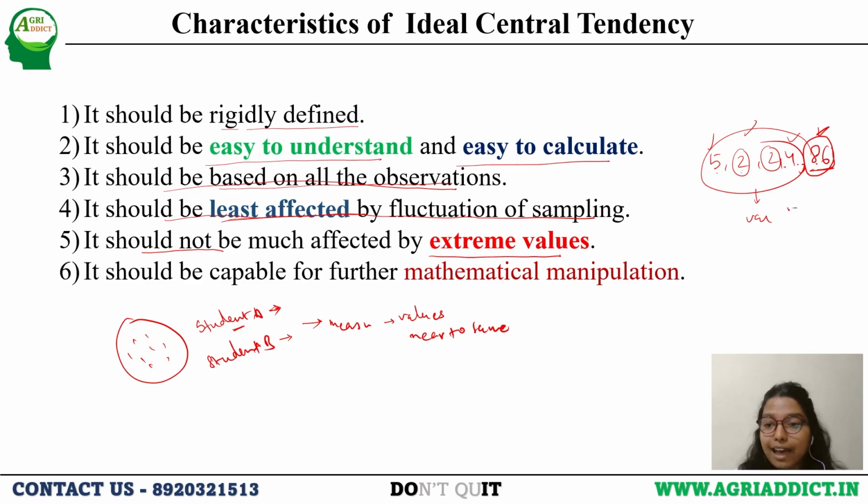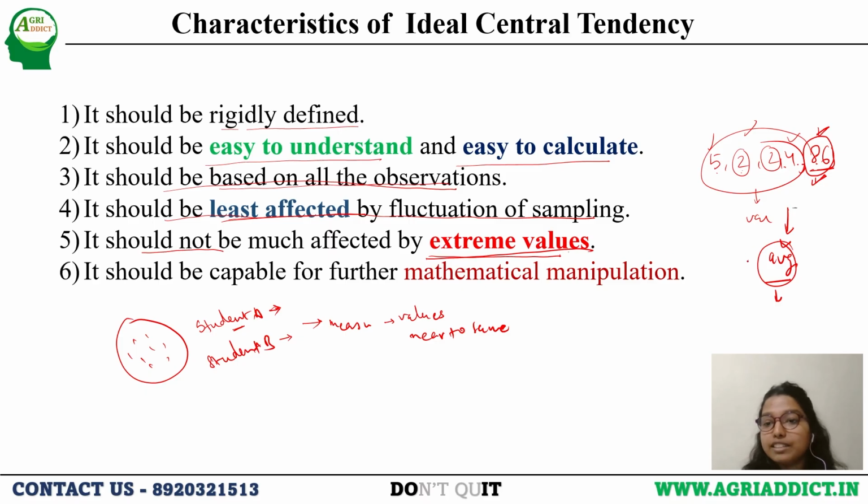So the average which will be coming will get disturbed by this extreme value. If a central tendency is being affected by extreme values, then it will not be considered an ideal central tendency. So fifth point, you should remember that it should not be much affected by extreme values.